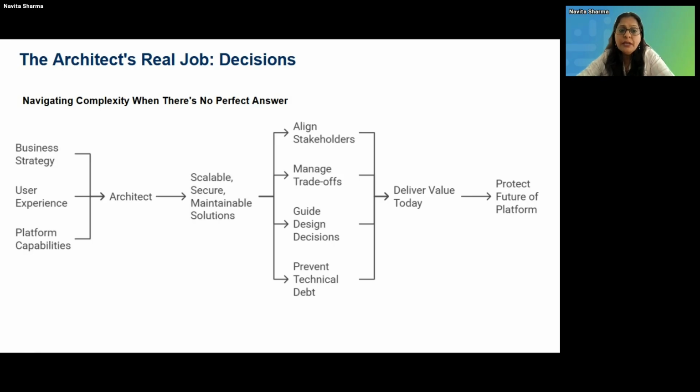Managing trade-offs. Now this is key, because there is no perfect solution. I remember when I was doing CTA, we used to have one scenario given to four architects, and the four architects had four different solutions, and all solutions worked. If every problem had a single solution, then all four would be required to come to a single point of view.